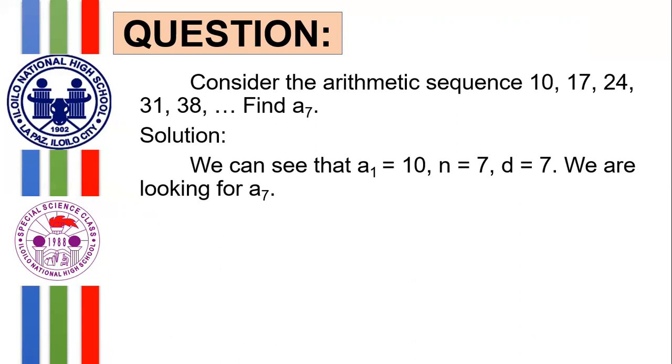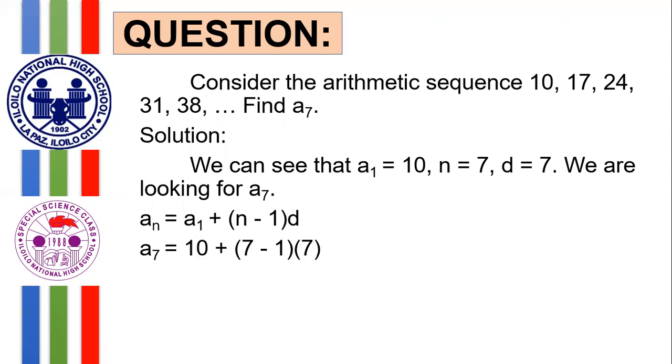By substitution to a sub n equals a sub 1 plus n minus 1 times d, we replace all n's by 7, and by substitution of the rest, we have a sub 7 equals 10 plus the quantity 7 minus 1 times 7.